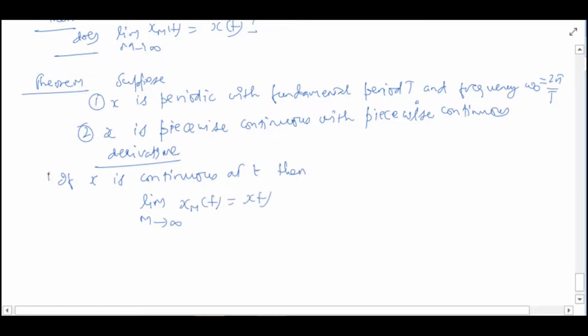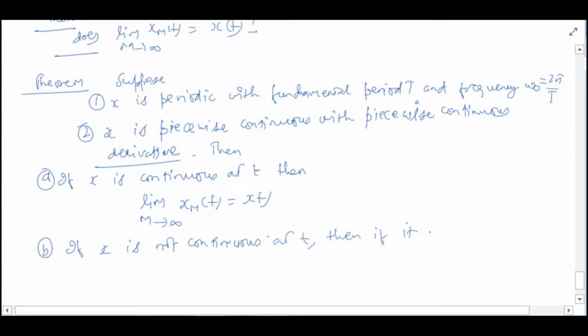On the other hand, if x is not continuous at t, then also not everything is lost.